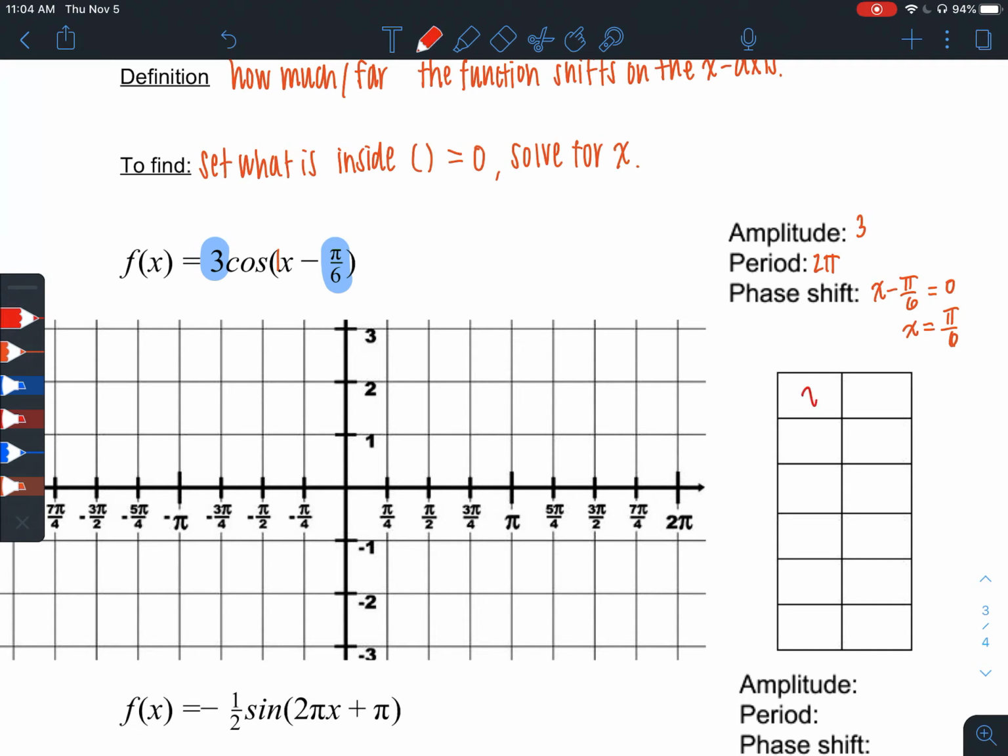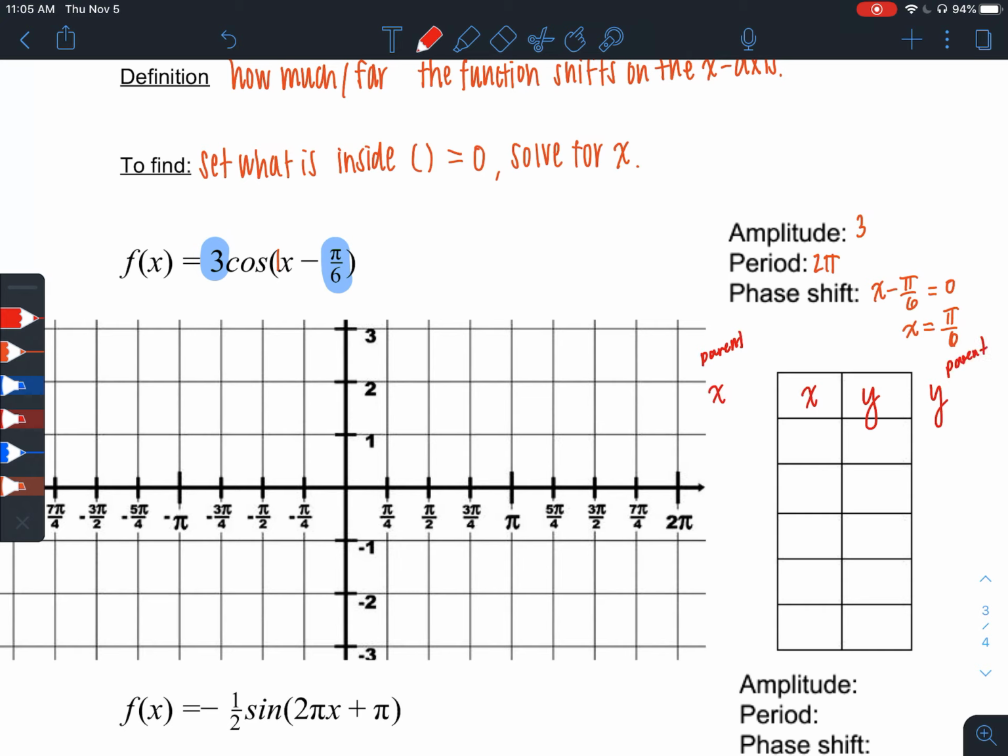I'm going to write our original x's out here just to save us some time, and write our original y's out here. So our x values, if cosine is the parent, are, so this is parent and this is parent out here.